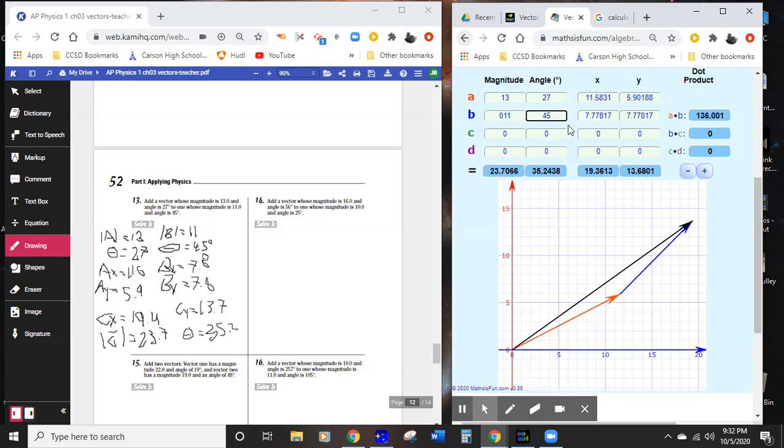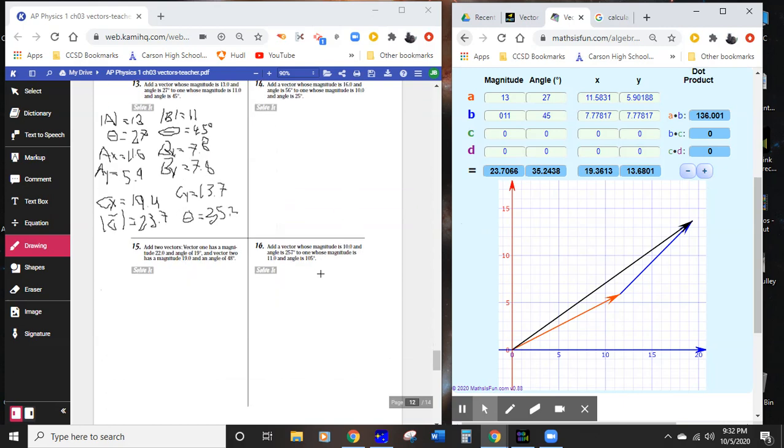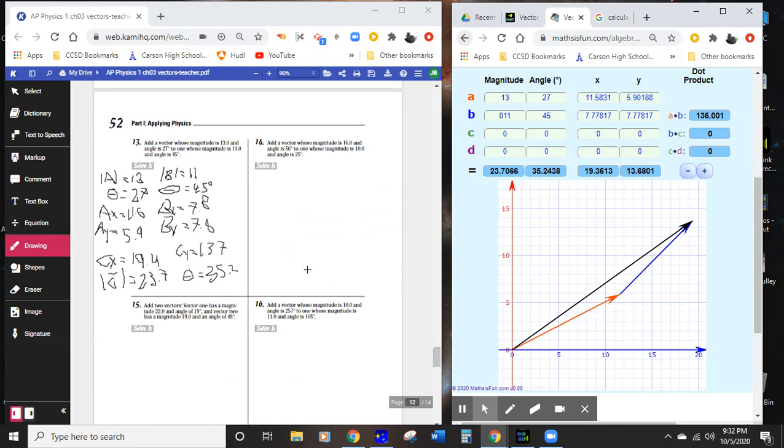When we add it up, we can see the resultant vector is 23.7. Theta is 35.2. Here are the x and y components, and they match up. You can go ahead and use a calculator to speed things up, but we should be familiar with how to do this by hand.